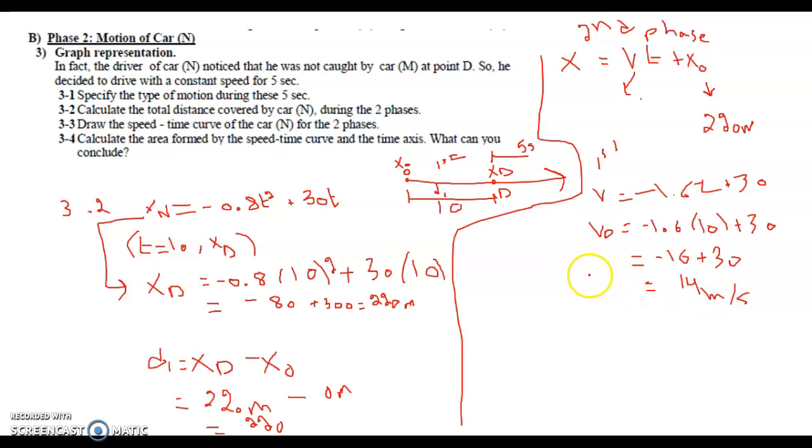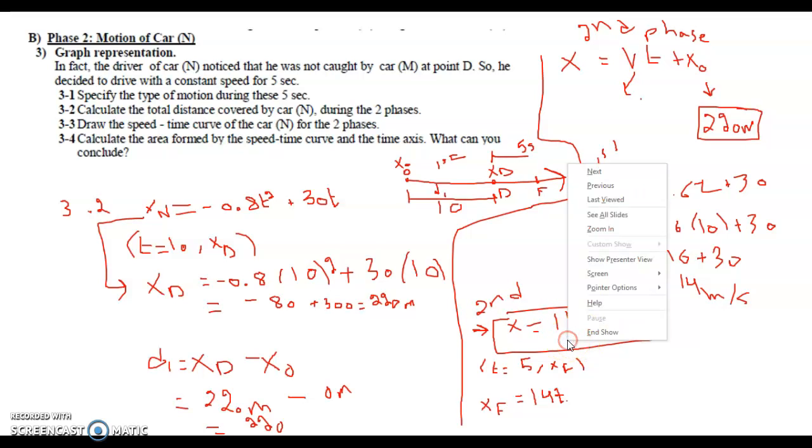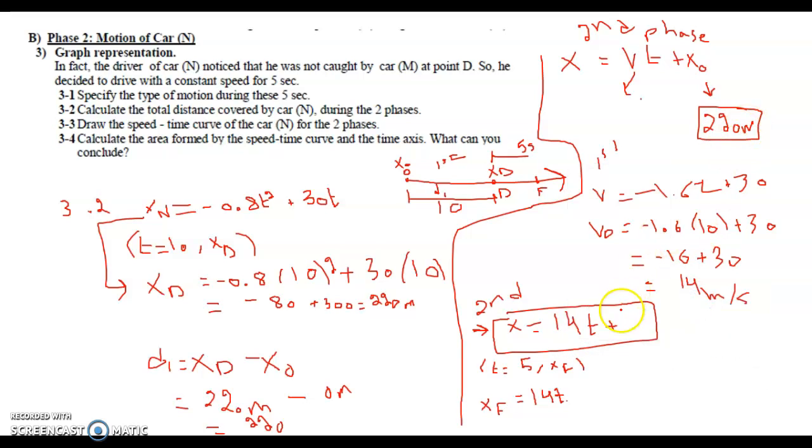Now, having VD, I can express the position time equation of the second phase: x equals 14t plus x0. We said that it's 220 meters because it's equal to xd. So for t equal to 5 during this phase, xn is equal to xf, that I labeled here. So xf is equal to 14t plus 220.